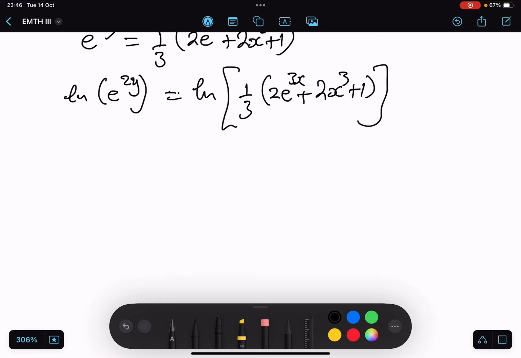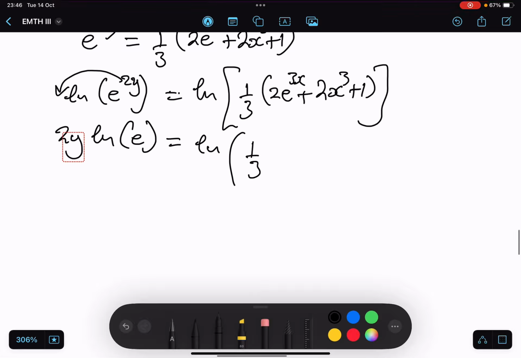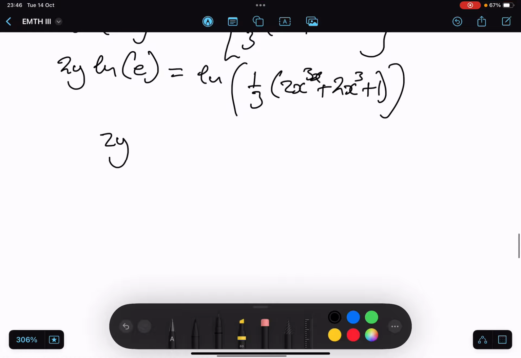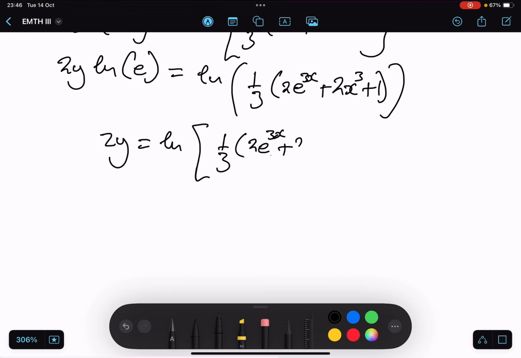On the left hand side, we bring the power down, so we have 2y ln e equals ln of 1 over 3 times (2e^(3x) + 2x cubed + 1). ln e is 1, so 2y equals ln of that expression.